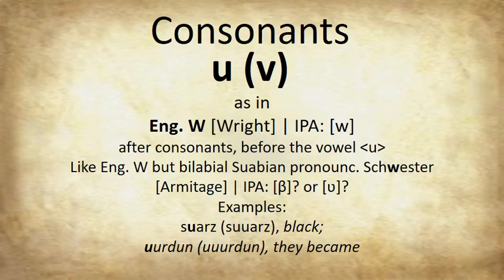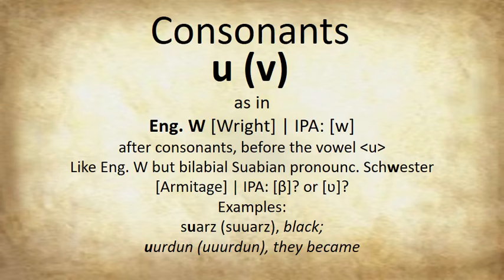From what I'm getting from this, he's describing a sound that's like the English W, but with some V in there. So it's something between a V and a W together. So that's the understanding I'm getting. If any of you speak Swabian, let me know down below.